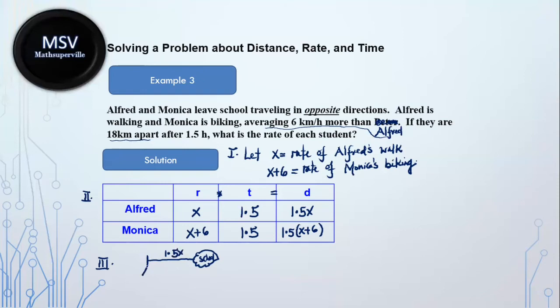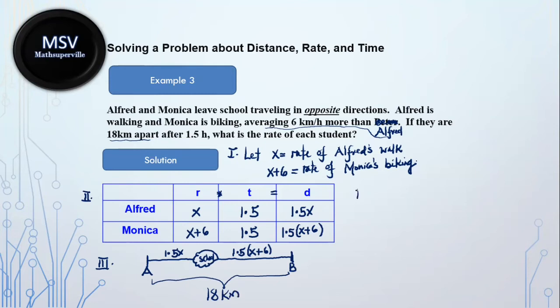So this is assuming he stops at point A. Monica bikes and goes in this direction, and so covers a distance of 1.5 times x plus 6. And this is at point B. So the total distance between the two students is 18 kilometers. So that's the distance separating them.